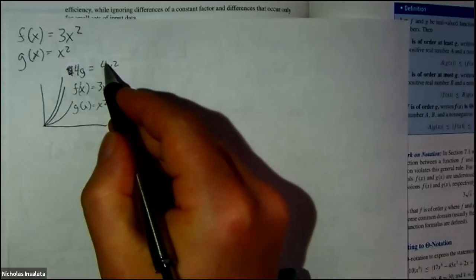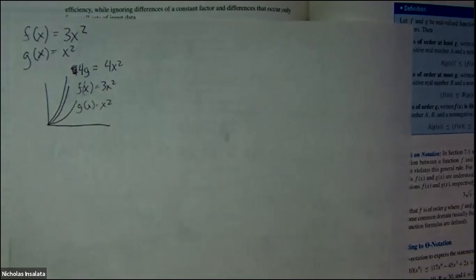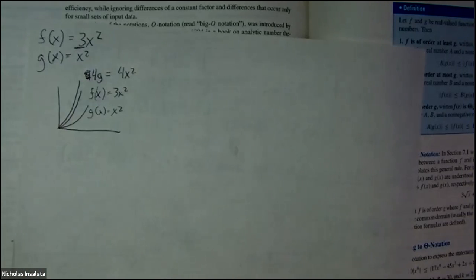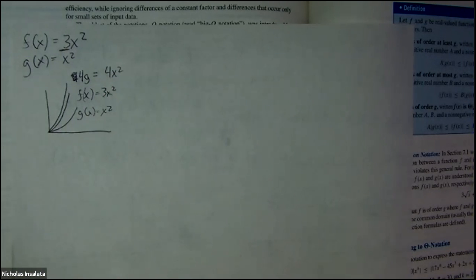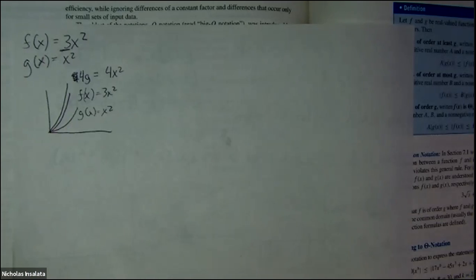And now because I could pick that 4, I can easily pick a coefficient that's bigger than 3. And that has the effect of rendering any coefficient that I put on f pointless, because I can just pick a coefficient on g that's bigger than it, right? So really what we're getting at here is that the coefficients in front of the functions that we're trying to put boundaries on are not relevant. We just don't care about them.